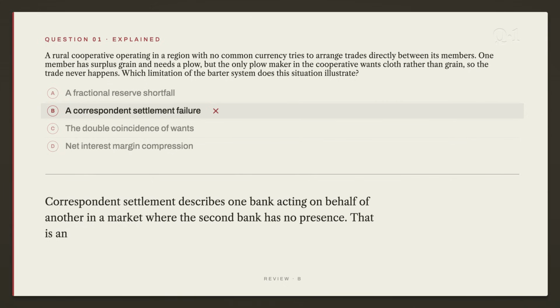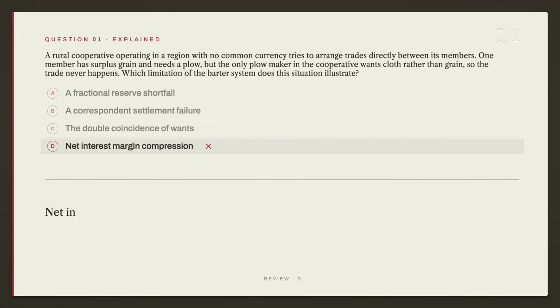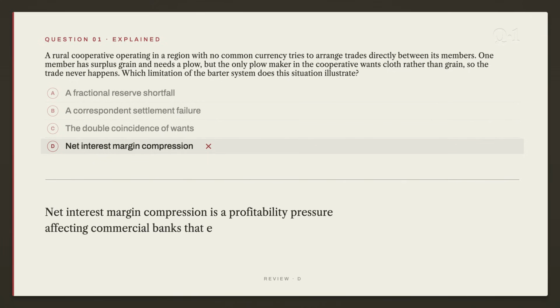That is an interbank arrangement, not a limitation of direct exchange between two traders. D is wrong because net interest margin compression is a profitability pressure affecting commercial banks that earn a spread on lending. Barter generates no interest income and no interest expense to compress.